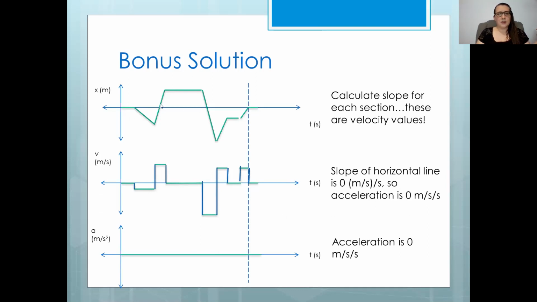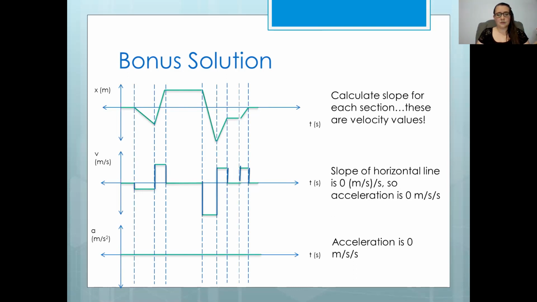So we can see we have a bunch of different sections going on here, and we want to calculate the slope of each section to get the velocity time graph. So I divided it up into these sections, and if we find the slope at each section, that tells us about the velocity.